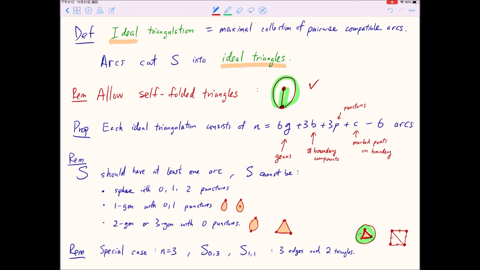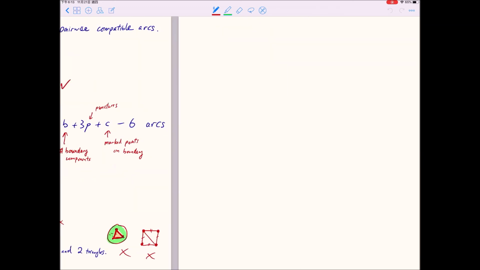And we do not want to have these examples. All right, so now we have the triangulation. We can flip the triangles just like before.